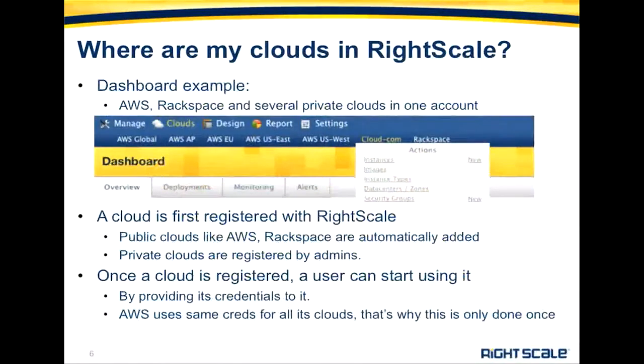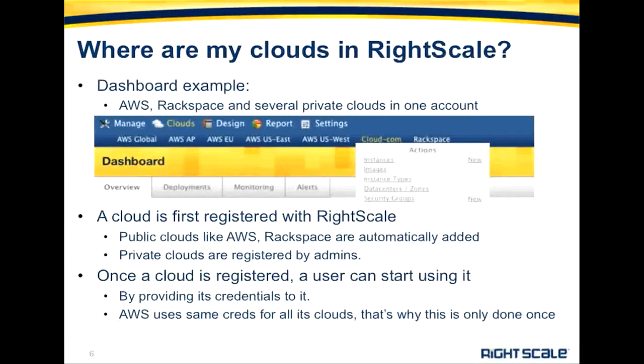So, all these different clouds, where are they in Rightscale? I hope that most of you are already used to using our dashboard. You're used to the different Amazon clouds: US East, West, Asia Pacific. And in here, for example, this account has a Cloud.com implementation of a private cloud, and Rackspace too.